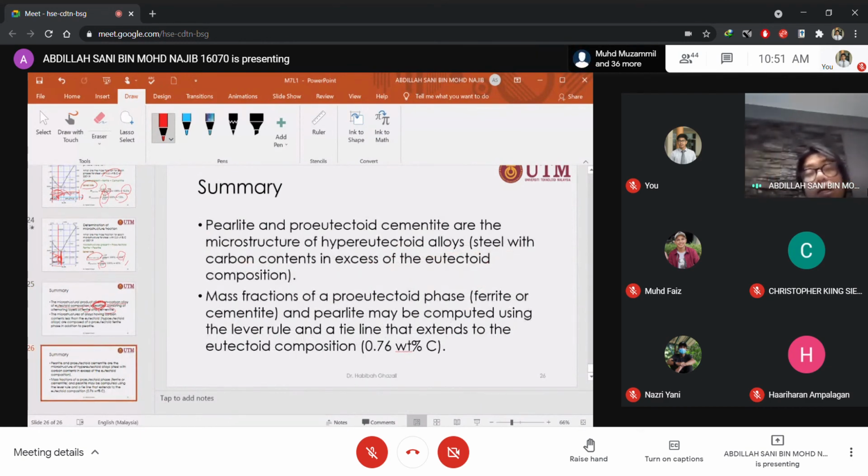On the other side we have the hypereutectoid, where in the beginning the austenite changes to a little cementite, and after the cementite is formed, the rest becomes the lamellar structure of eutectoid. And for the mass fraction, as we mentioned just now, we can use the lever rule.